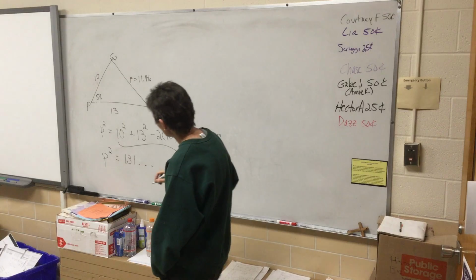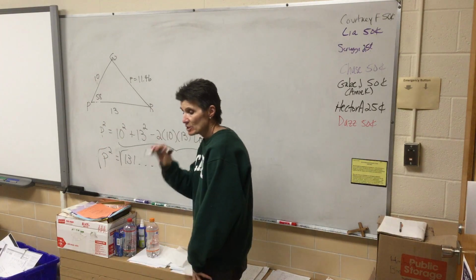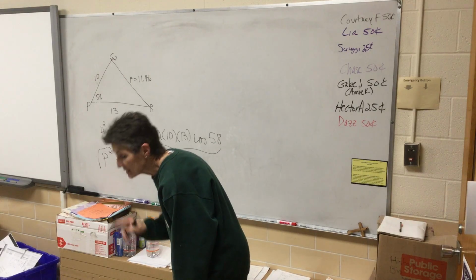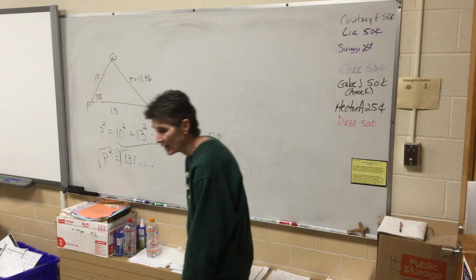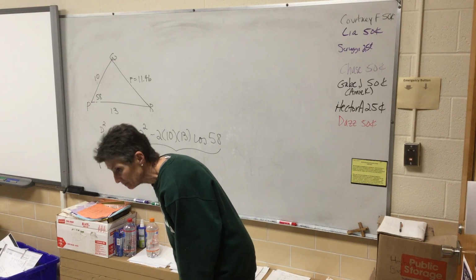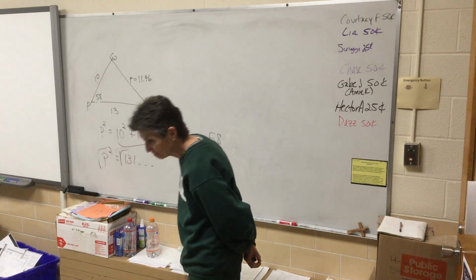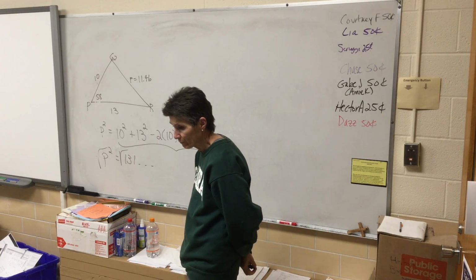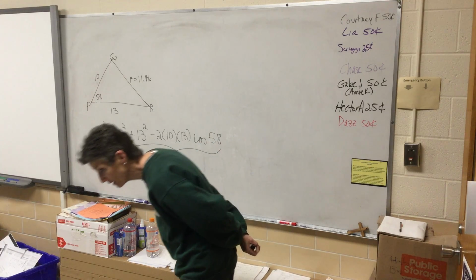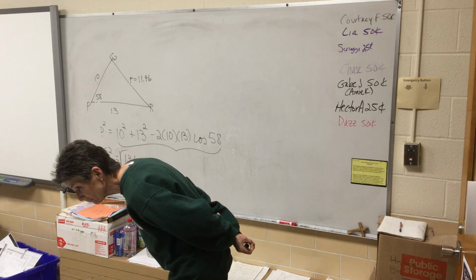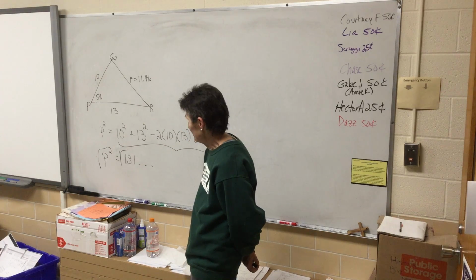Little hint, if you want to square root that answer, hit square root, second answer, and then it'll just take the square root of that. You won't have to type that number back in. Did everybody get 11.46? Okay, good.